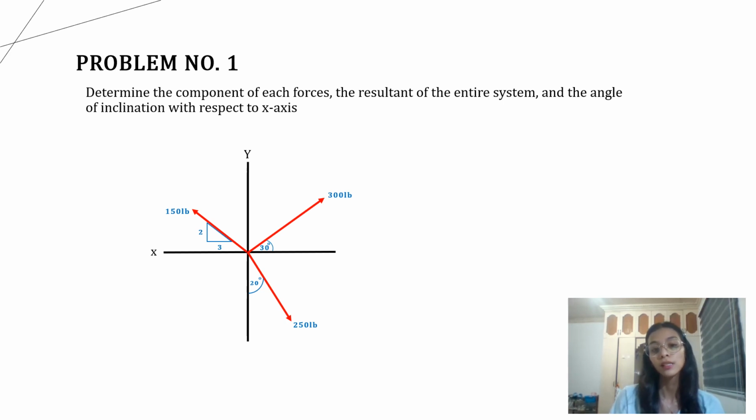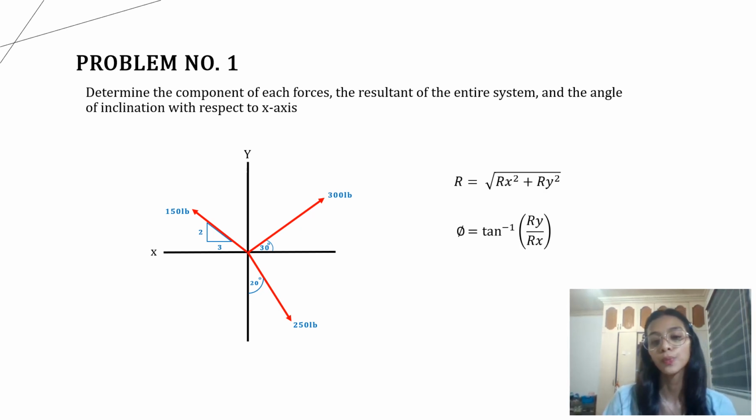As you can see, our x and y axis has all these forces, which is 150 pounds pointing upward to the left with 2 and 3 slope, and 300 pounds pointing upward to the right with an angle of 30 degrees. And lastly, the 250 pounds pointing downward to the right with an angle of 20 degrees.